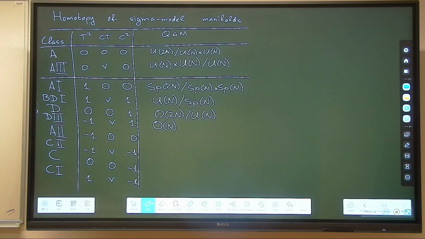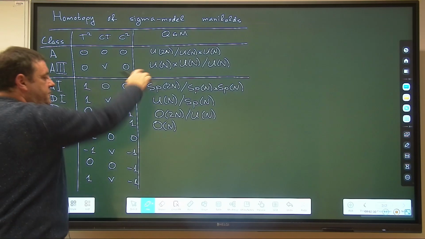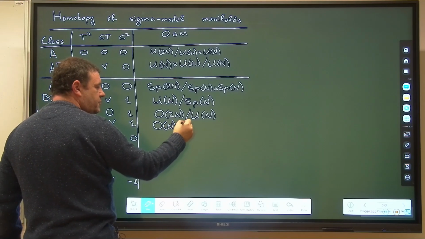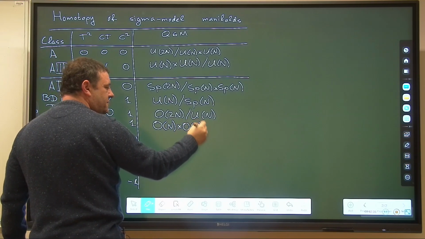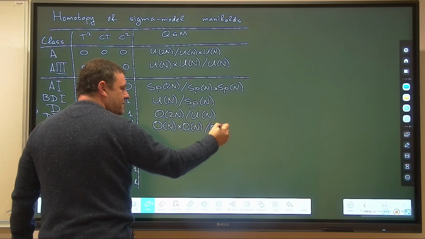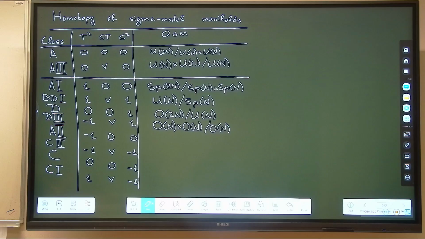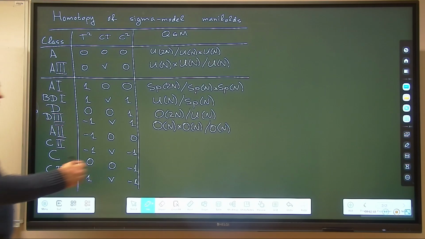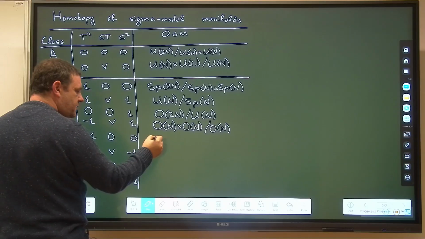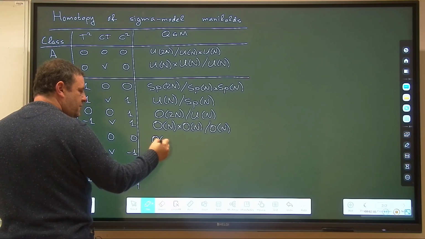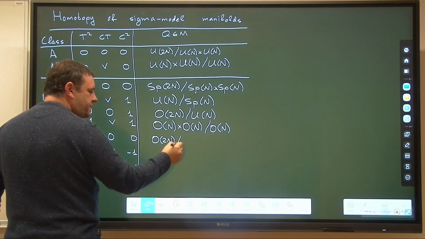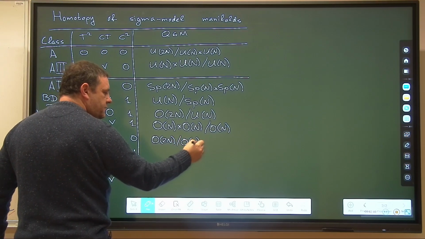But, as I already did with class A3, I will do this trick. I will multiply O(n) by itself and then divide it back, divided by O(n). Symplectic class A2, it's like this, but upside down. O(2n) divided by twice O(n).